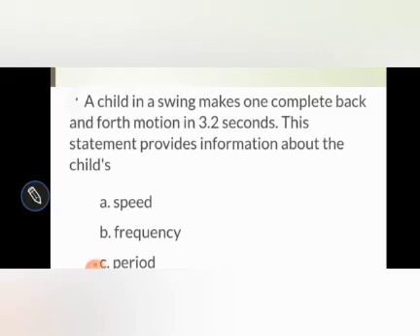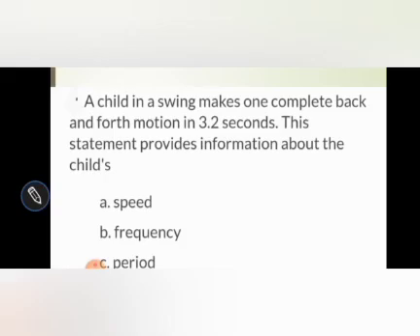Now let us consider another question. Here it is given that a child on a swing makes one complete back and forth motion in 3.2 seconds. Here 3.2 seconds is the period of a vibrating body.